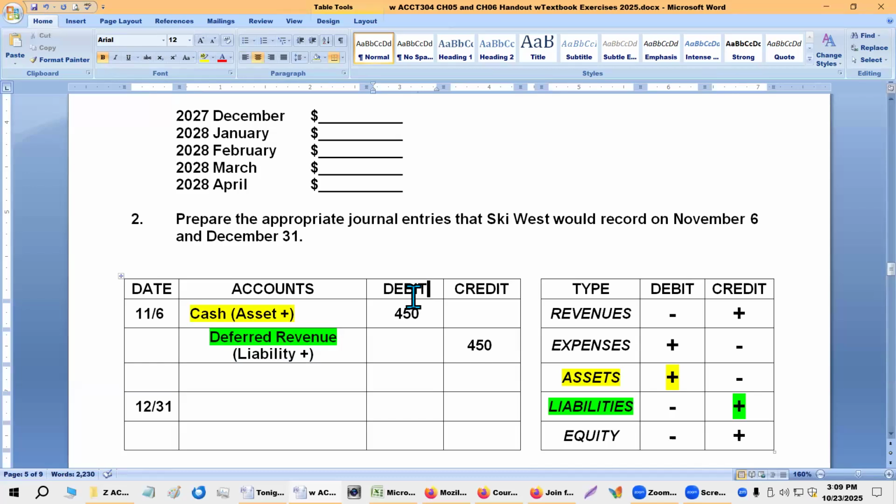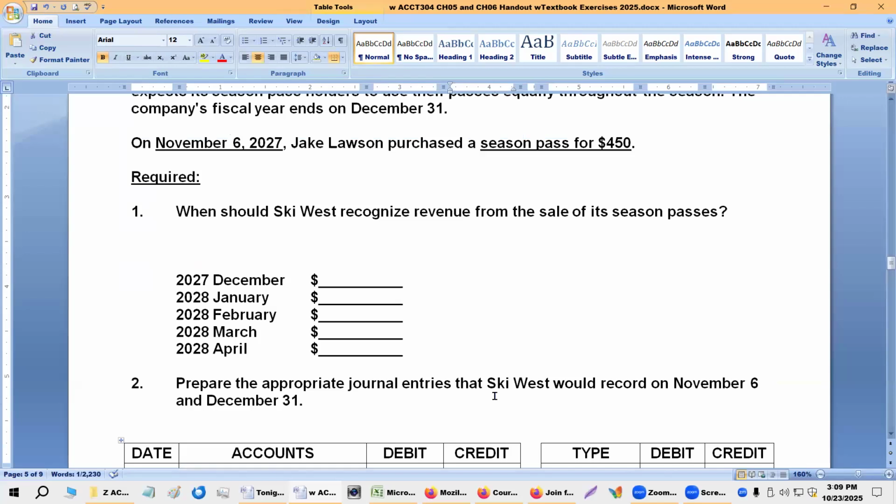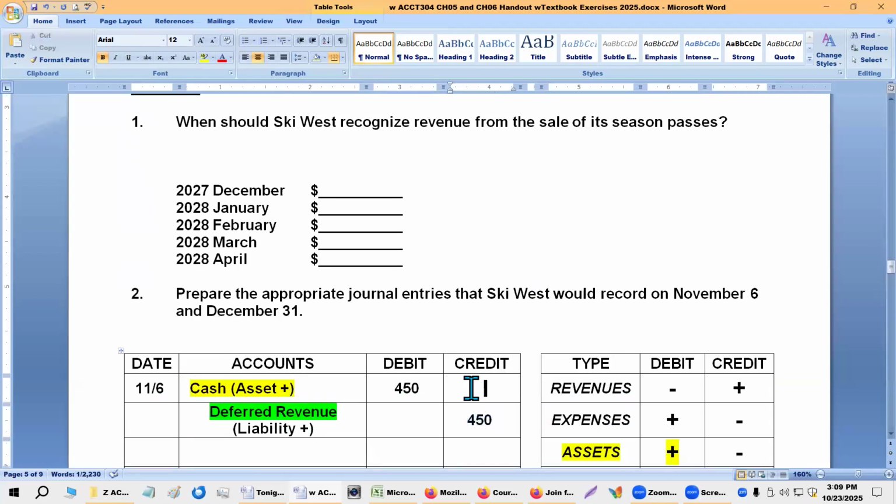That looks beautiful. Okay, so this is what we're going to first put on the books. So it's deferred revenue. This is sort of like unearned revenue in the past. It's revenue, but we can't count it. We haven't done anything. And notice that if we shut down the resort or whatever, we have to give Jake his money back. So we have a liability here because we haven't done anything for Jake yet.